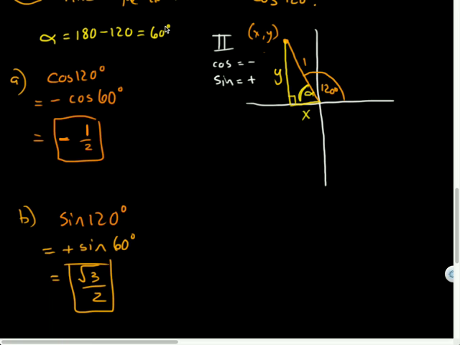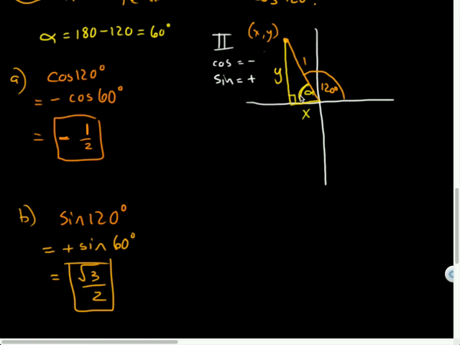Well, didn't you help me find 60 degrees a moment ago? 60 degrees was the reference angle, alpha. It's the same angle: 120 degrees and 60 degrees both have the same 60-degree reference angle.